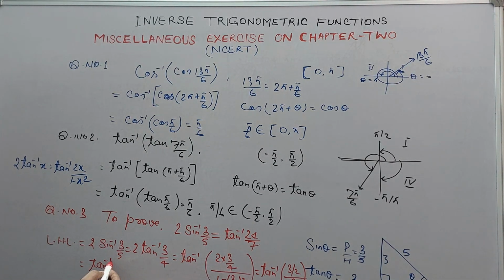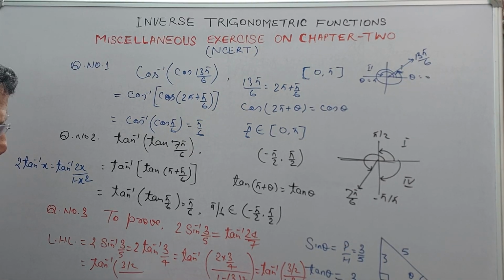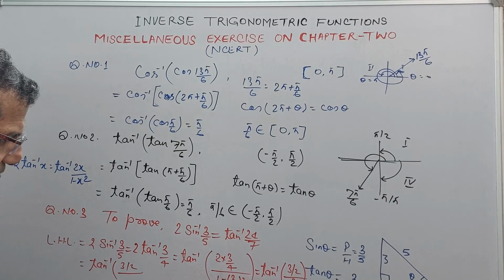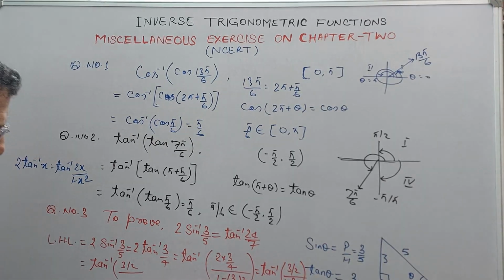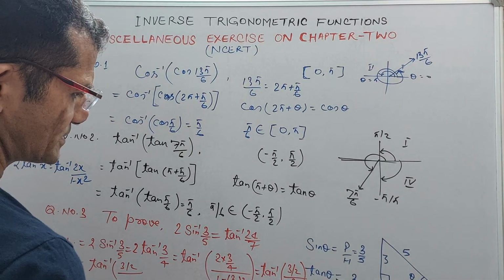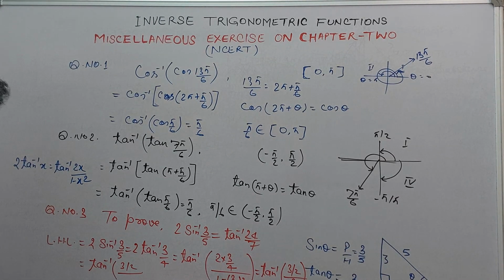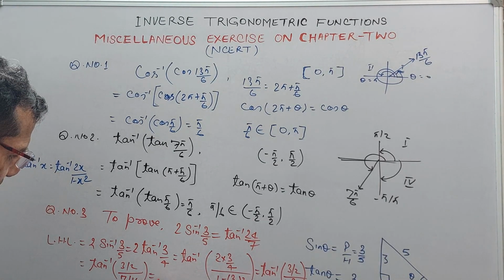Now tan inverse 3 by 2 divided by, taking the LCM, 16 minus 9, which will be 7 upon 16. Just simplify it.